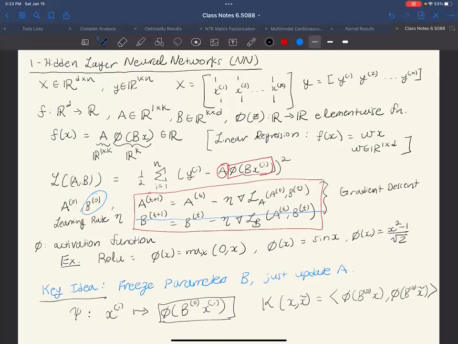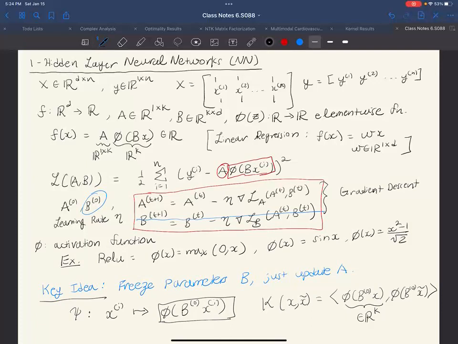I know for now this seems like a kind of trivial connection, but there's a lot of nice things we can do here. First of all, remember that these vectors b naught are actually vectors in R^k. But k is an integer that we get to pick. This is the number of hidden units in our neural network. So the idea is that we're going to appropriately scale the neural network.